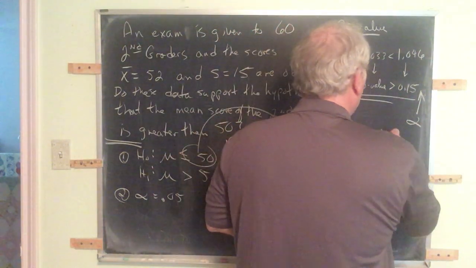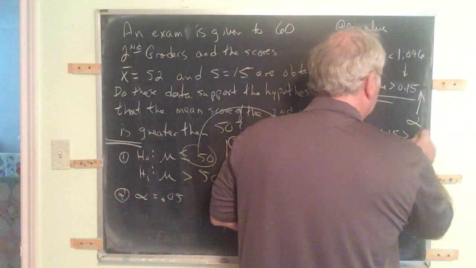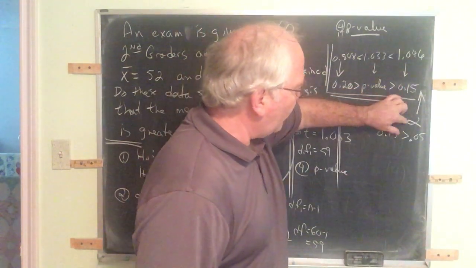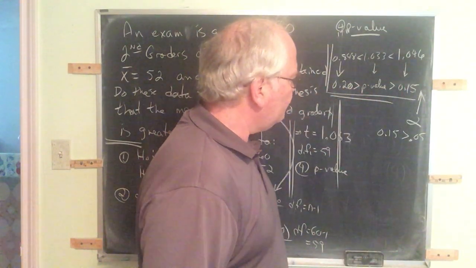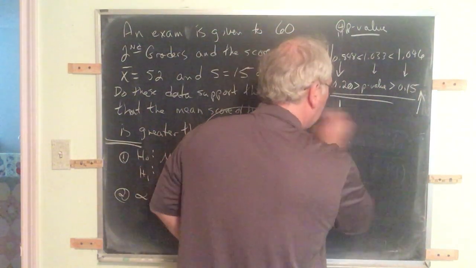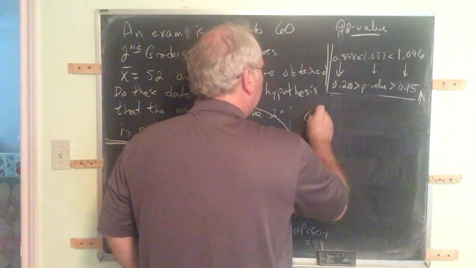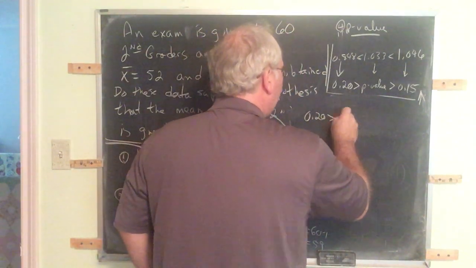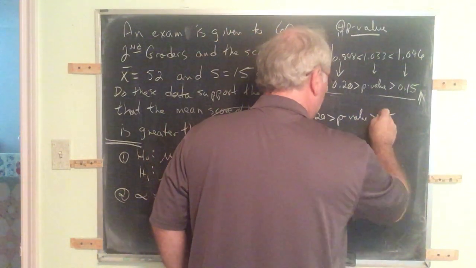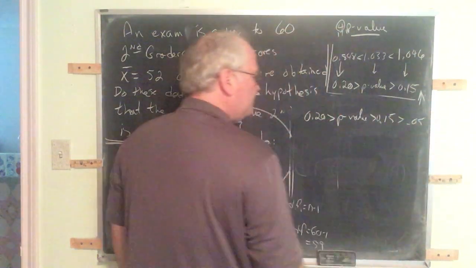So we have 0.15 is greater than 0.05. This is the value from here, and our alpha value is 0.05. And then here's, let me write this. 0.20 is greater than the p-value, which is greater than 0.15, which is greater than 0.05.